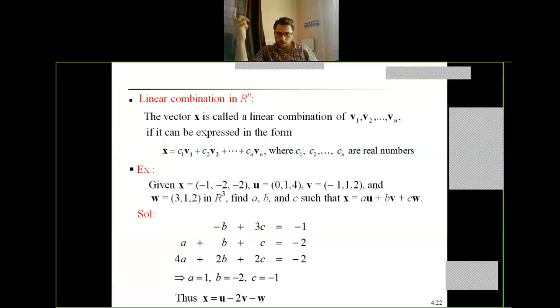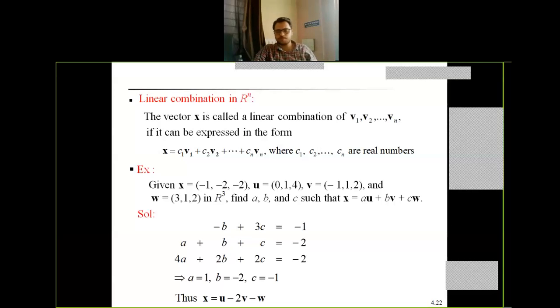So if vector x has all the components which are scalar multiples of n vectors, that is v1 to vn, then we say that x is in a linear combination of v1, v2 up to vn. Are you getting this point? Okay, so a very simple example is given just to get the feel of what we mean by linear combination.